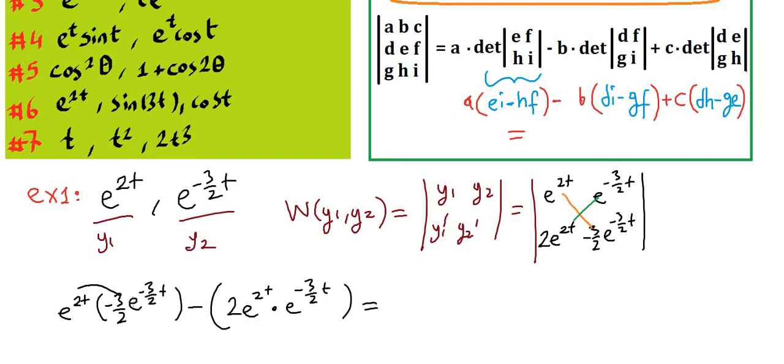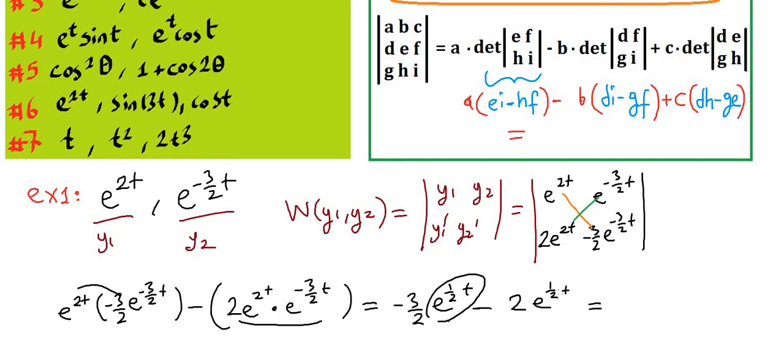Here, if we multiply these two functions, then we obtain negative 3 over 2 e to the 2 minus 3 over 2, which is 1/2, t. Minus, if we multiply these two, we obtain 2 e to the 2t minus 3 over 2 t, which is 1/2 t.